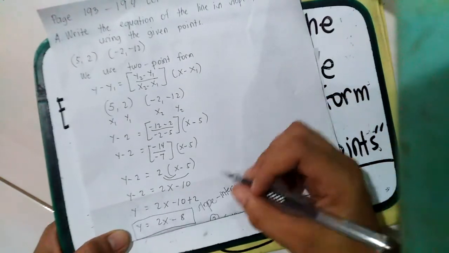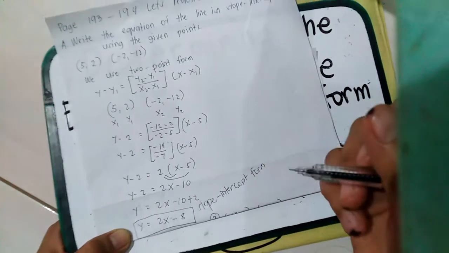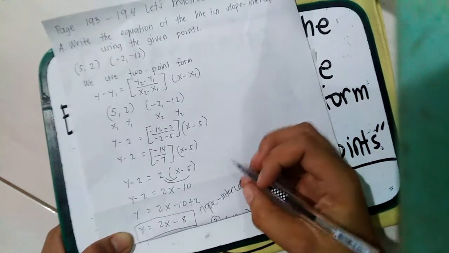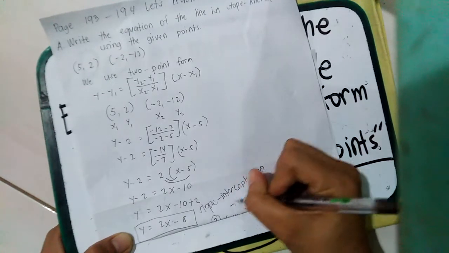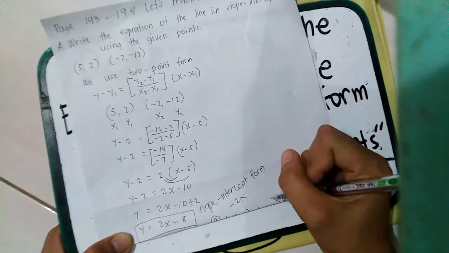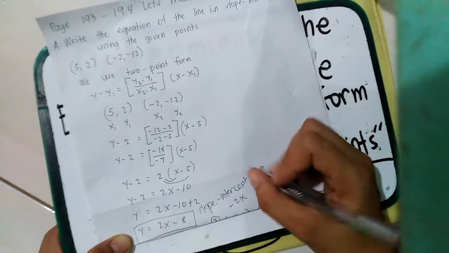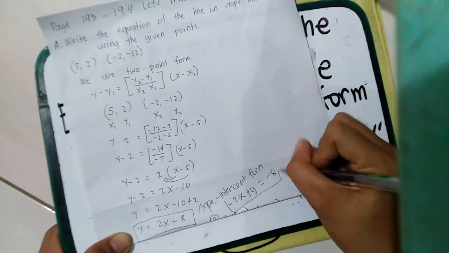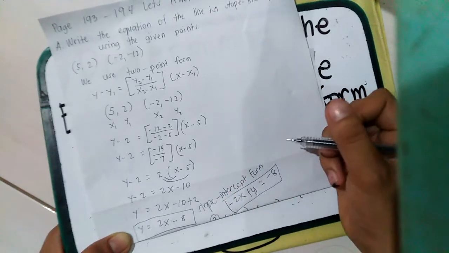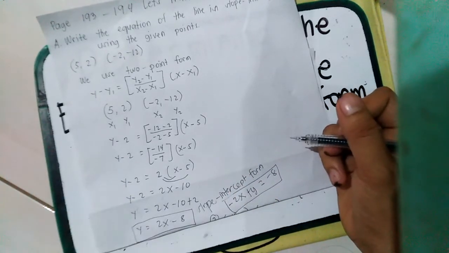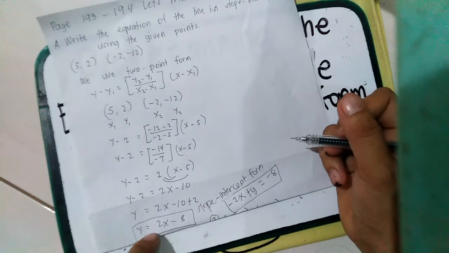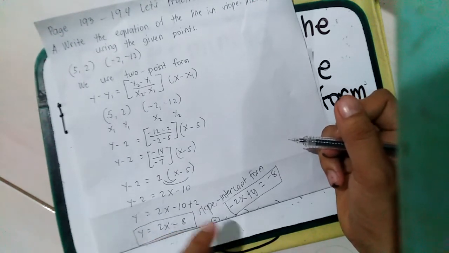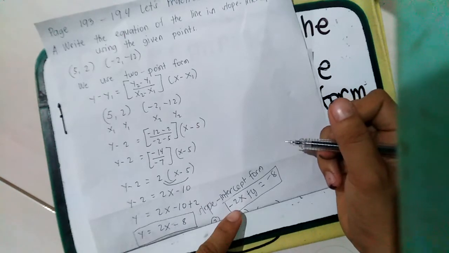Standard form is in the form of ax plus by equals c, right? So we have negative 2x plus y equals negative 8. This is standard form. But if what is asked is only the equation of a line in slope-intercept form, then this is in slope-intercept form. But if it is in standard form, then this is in standard form.